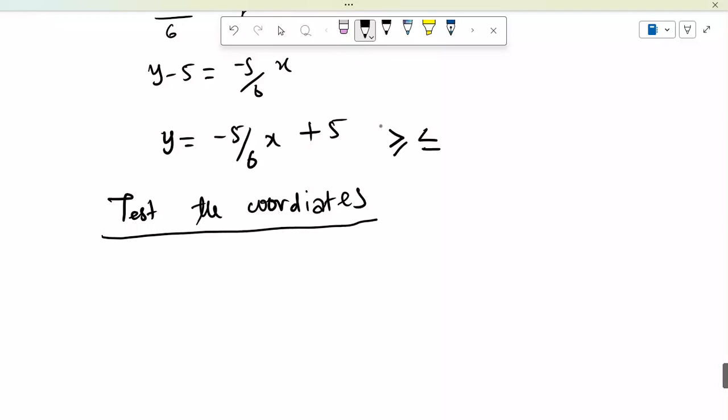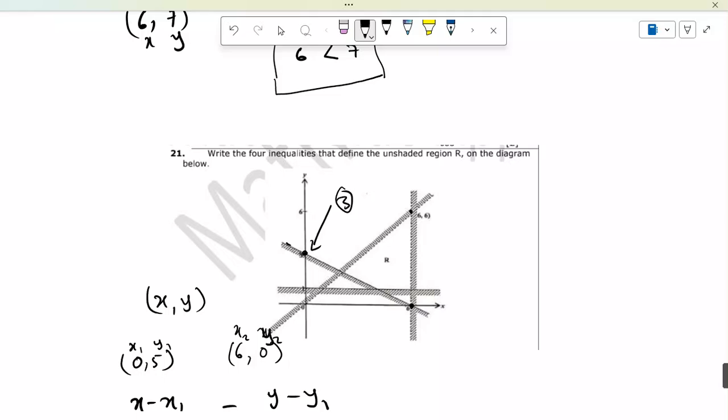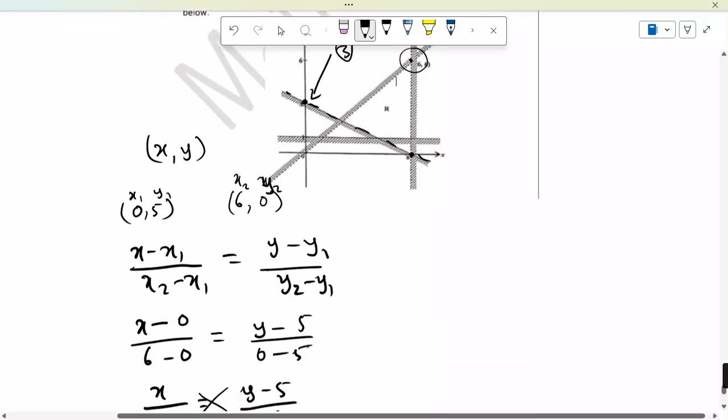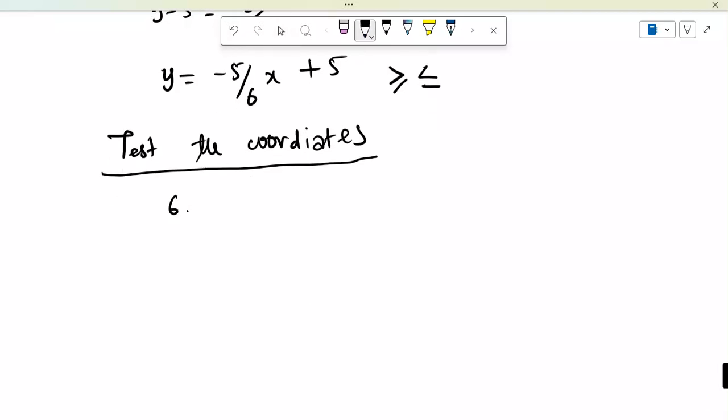So first, let's pick the coordinate. Our line is this one. We can pick this point, which we know for sure, 6, 6. It's above the line.